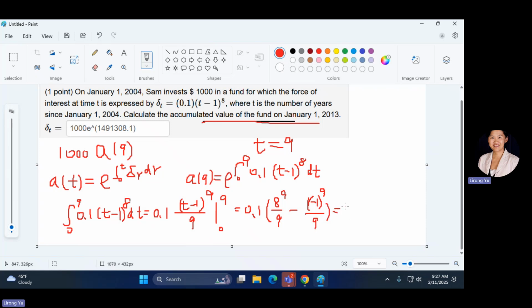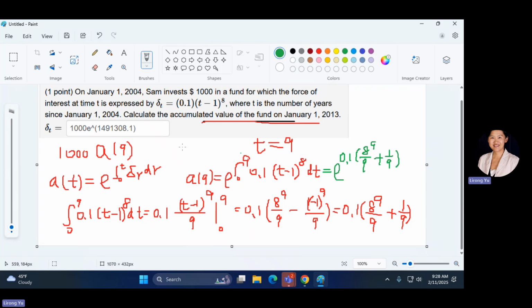It's a really large number, so it's 0.1 times 8 to the power 9 over 9 minus negative 1 over 9, so it's plus 1 over 9. That's the exponent part. Going back, this is equal to e to the 0.1 times 8 to the power 9 over 9 plus 1 over 9.